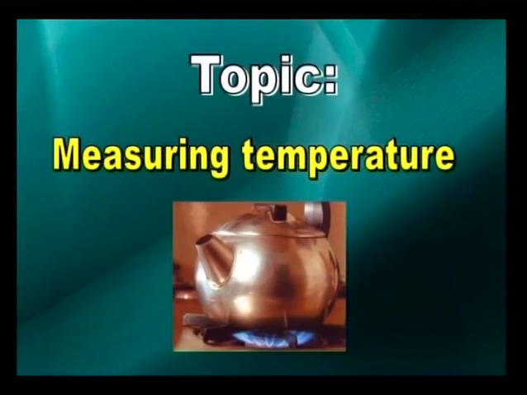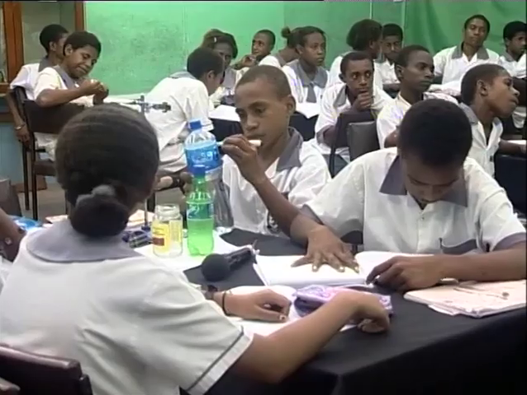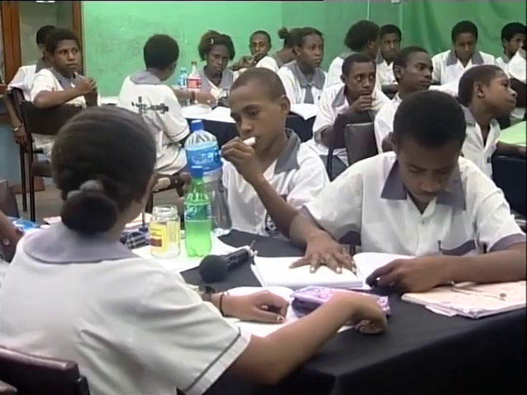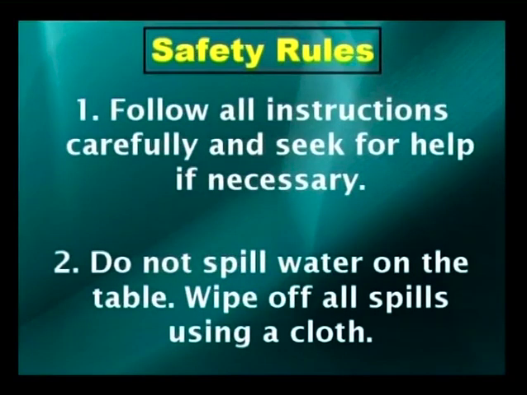Now, before we go on to our activity, in all science classes, we always go through rules. And rules will help us to handle our materials or equipment well and should guide us when we are doing certain activities. Let's look at rule number 1 and 2. Class, let's all read rule number 1 together.